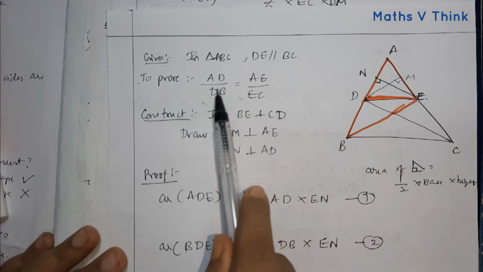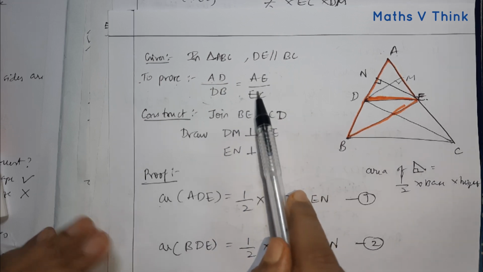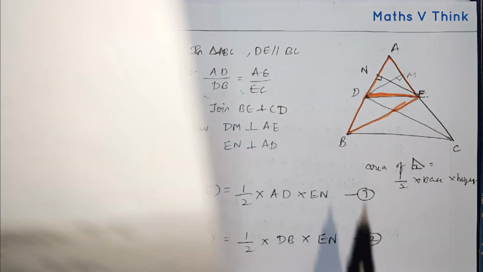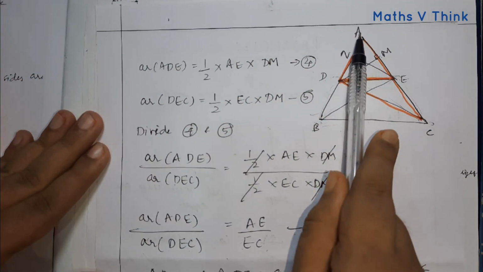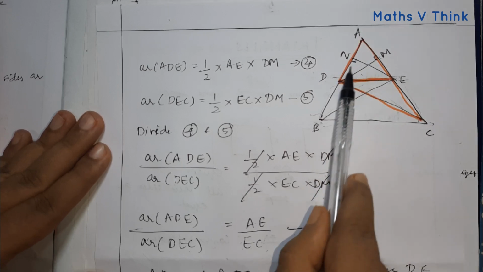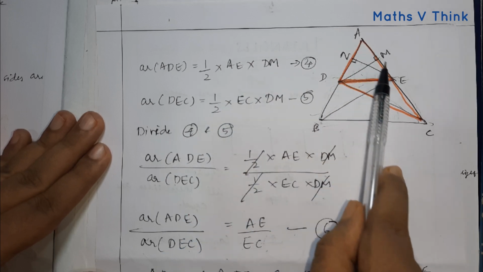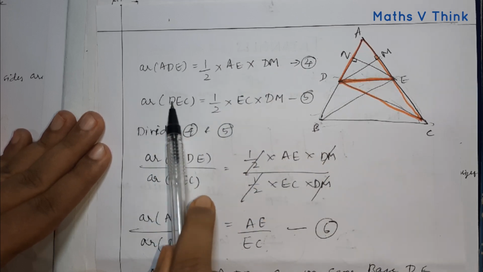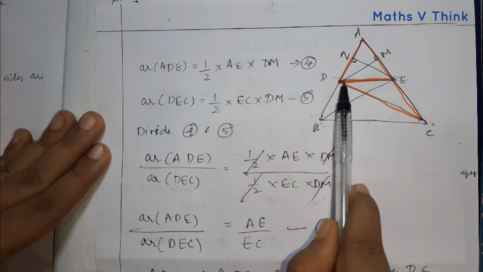Now we need to take the right hand side, AE by EC. For this, you need to take this triangle and this triangle. So area of ADE, same way half into base into height, take base as this, height as this. Same way for area of DEC, take base as this and height as DM.